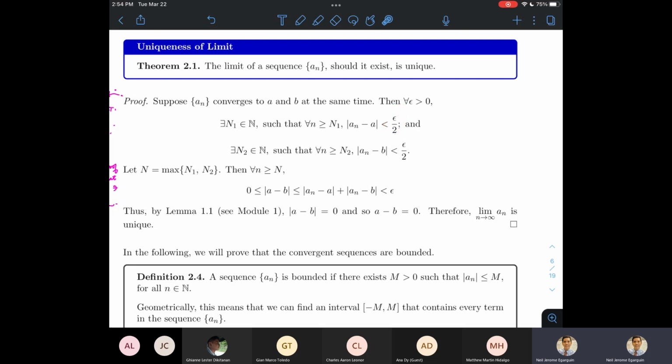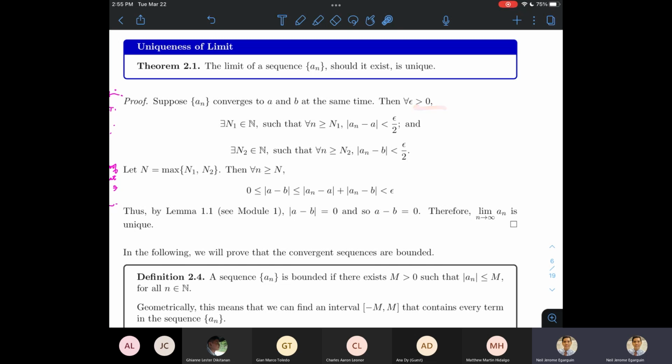And now you might be thinking, where did epsilon over 2 come from? First thing is that this is perfectly fine because the definition says for all epsilon greater than 0, blah, blah, blah, inequality is true. This guy will be less than any arbitrary epsilon greater than 0.